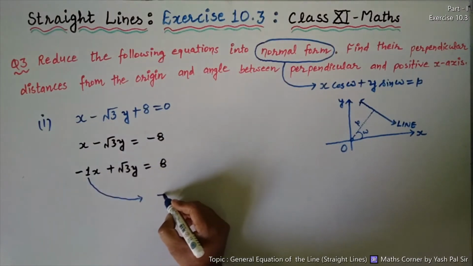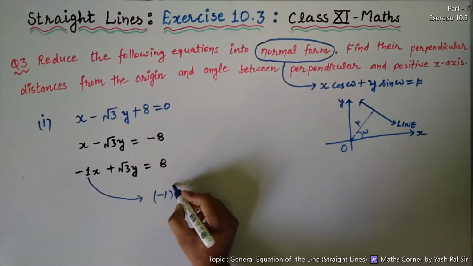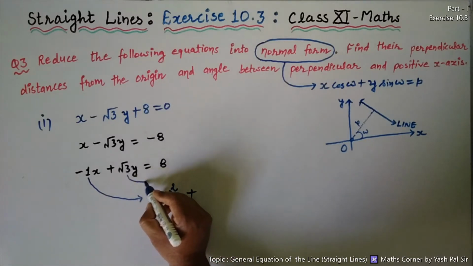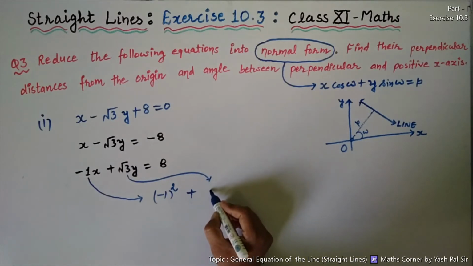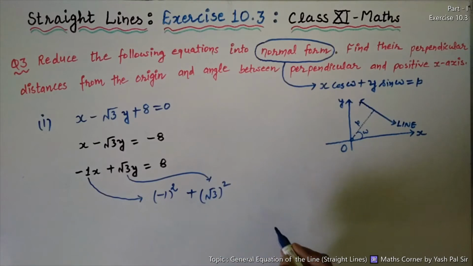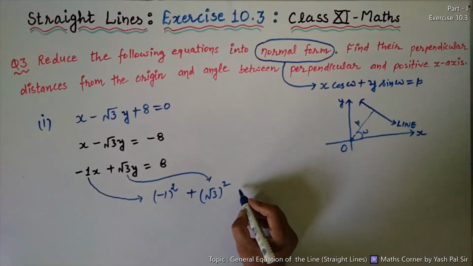Now what is the coefficient of x? This is minus 1, its whole square, plus the coefficient of y, this is square root 3, its whole square.